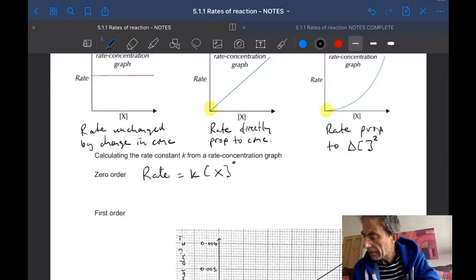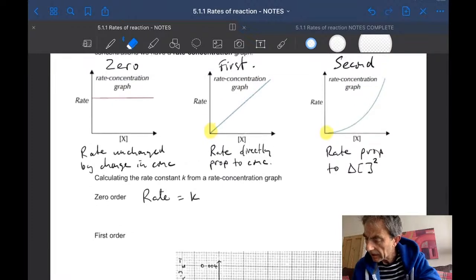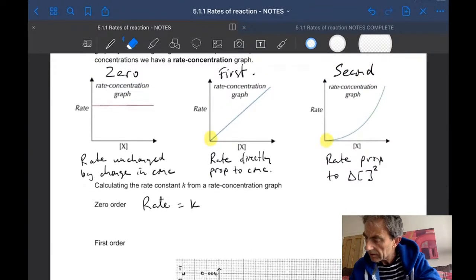So that doesn't need to be in there, does it? Because x to the power 0 is just 1. So rate equals K. How would you calculate the rate constant from a graph like this? Well, K is just the rate, and the rate's constant, isn't it? So it's that value there.